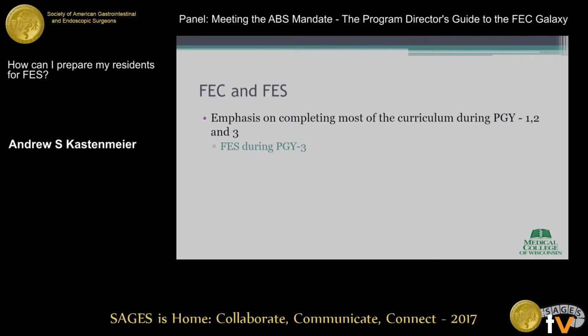We do have some things that go beyond that, but I try and use FEC to prepare them for the GI lab so that they can get in there and really know how to use the equipment and be actively involved in the scoping a bit more quickly when they're in that 1-month GI rotation.